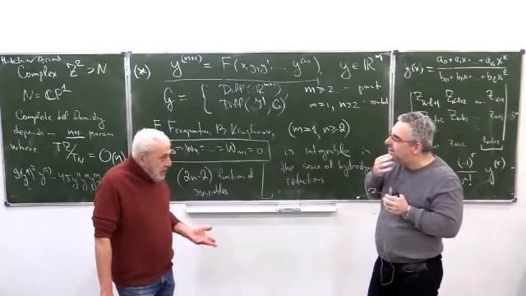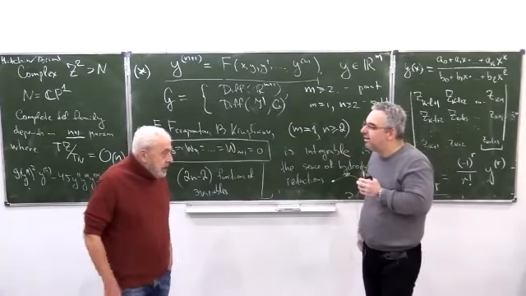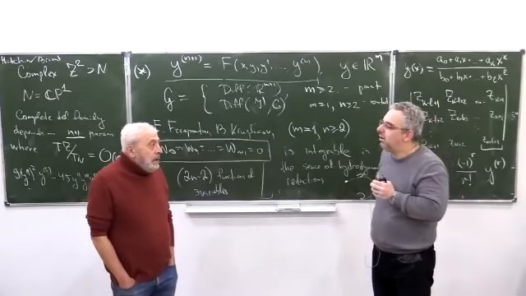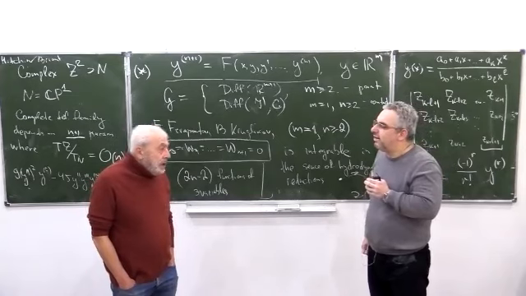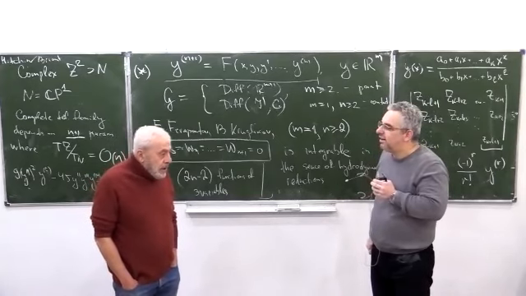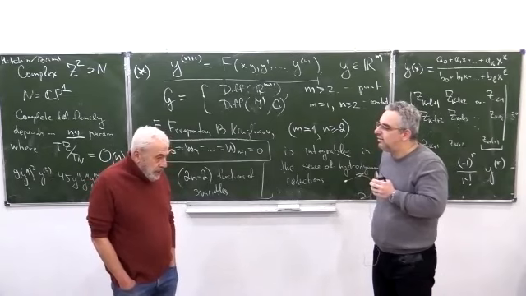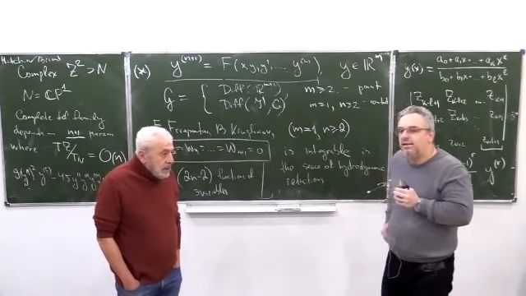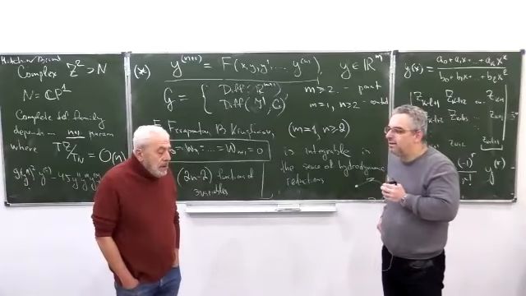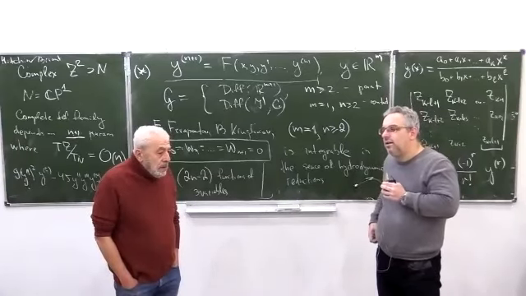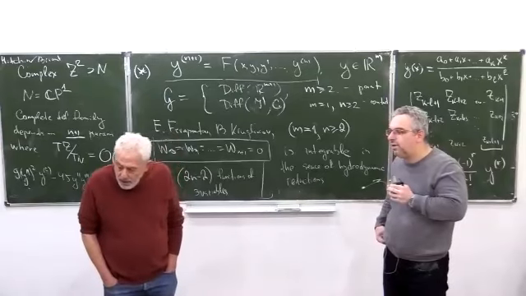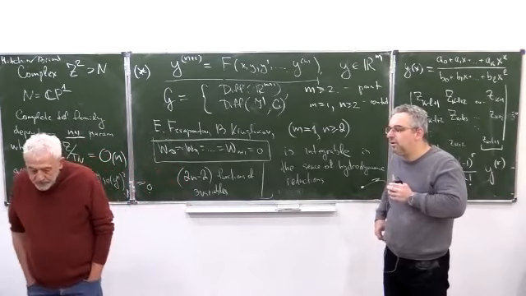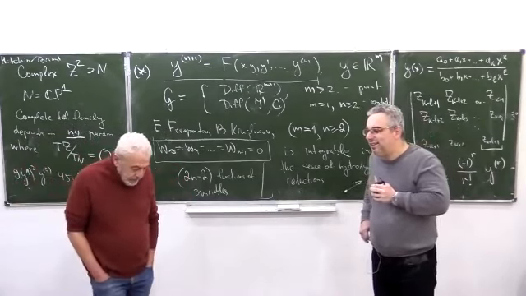So maybe this is a probable direction, but I don't know. We have to think about the condition. How to relate conservation laws with differential invariants is another problem. So for the moment, it is almost empty territory, except for some motivation to think about this.